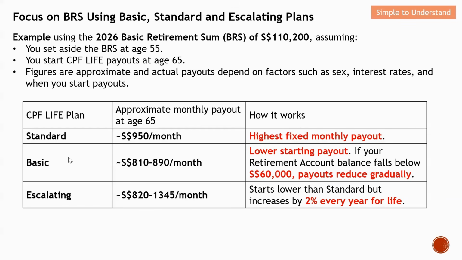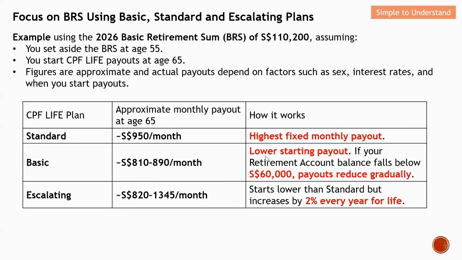Next will be the basic. If you still remember, for basic, they actually pay higher at first, and after that, at 60K, the amount will be reduced gradually. For a start, you are able to receive 890 per month. If you compare against standard, you actually receive a lower money payout under this basic plan.